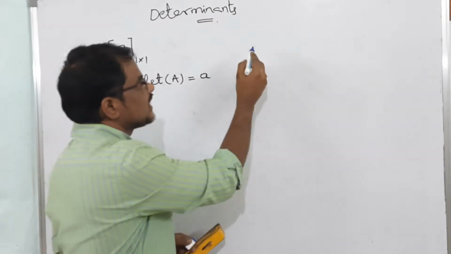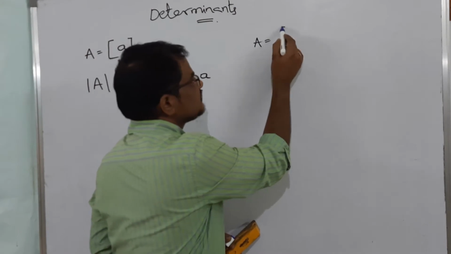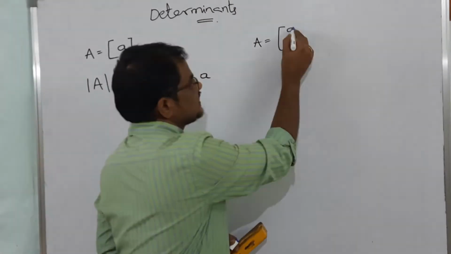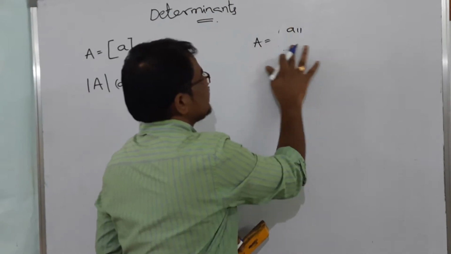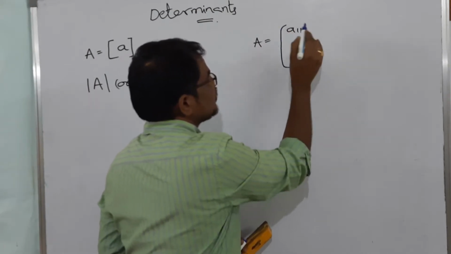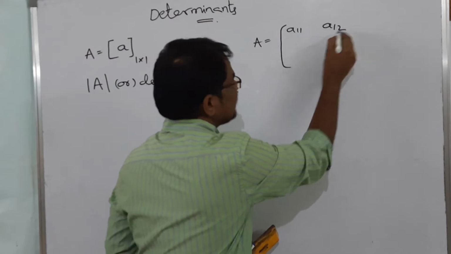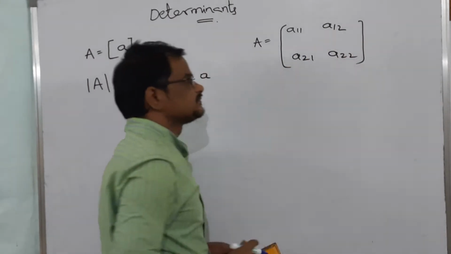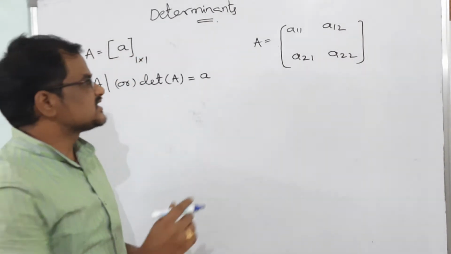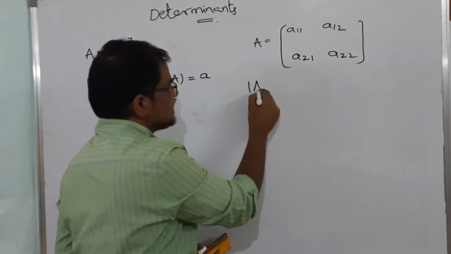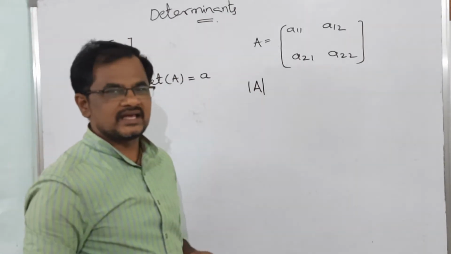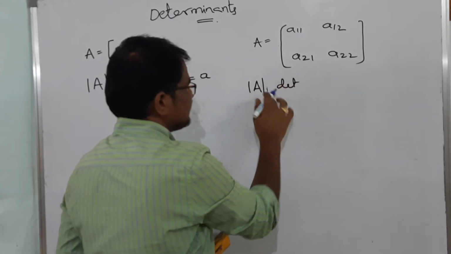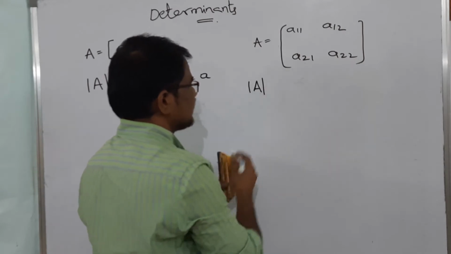And if you take the determinant of a matrix of order 2, that is A11, A12, A21, A22, right? The determinant of this A is denoted by this symbol, or det of A, like this we have to write.